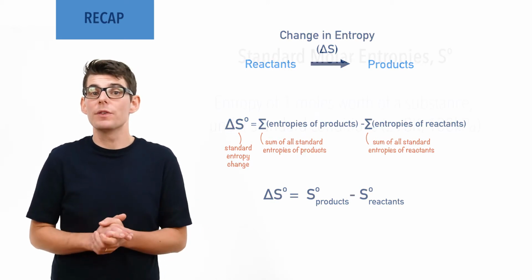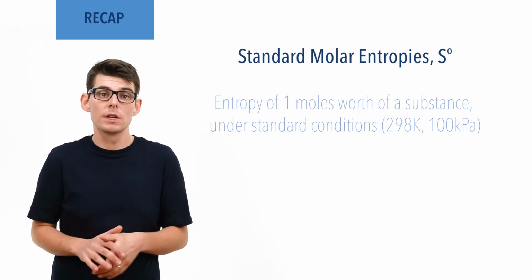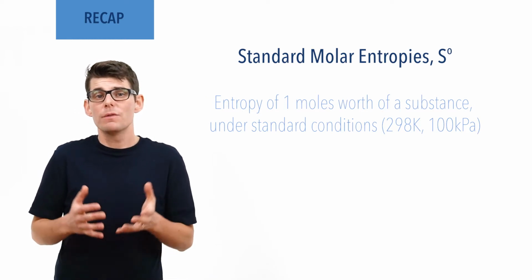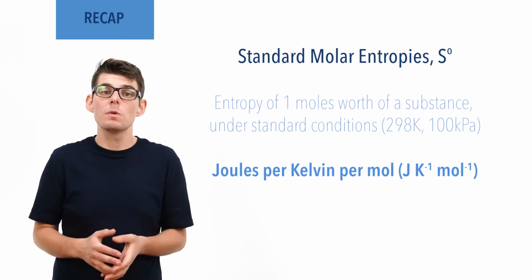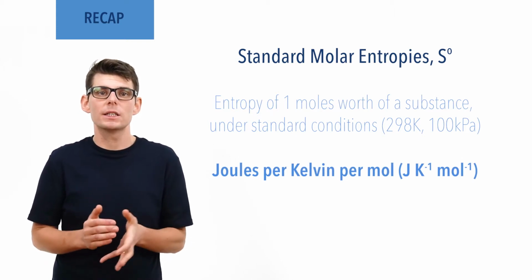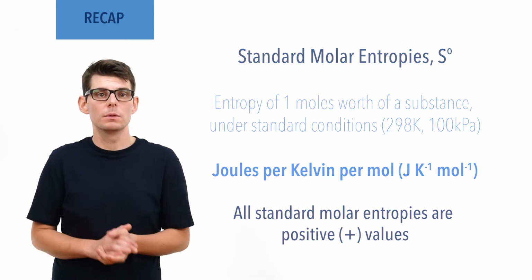Standard entropies refer to the entropy of 1 mole's worth of a substance under standard conditions, 298 Kelvin and 100 kilopascals. The units for standard entropy are joules per Kelvin per mole and are shown with a capital S for entropy and the little round circle showing standard conditions. All standard molar entropies are positive values.